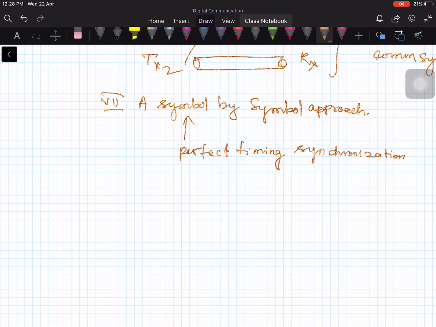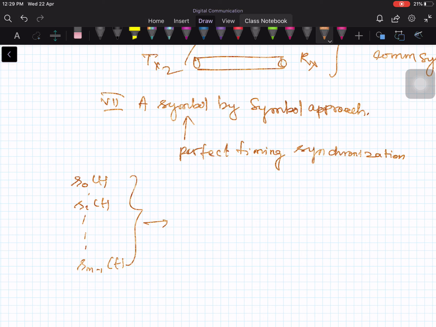So the problem is considerably simplified if you make these assumptions. Because of that, the problem will be very simple, because all we are looking at is one symbol interval at a time. Given one symbol interval, we know we are likely to get one of several possible waveforms. See, I have several waveforms, right? S0(t), S1(t), S2(t), up to S(M-1)(t). A dictionary of M waveforms.